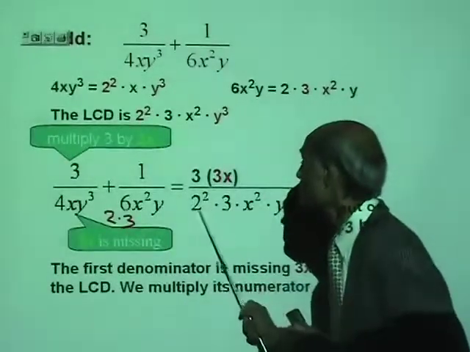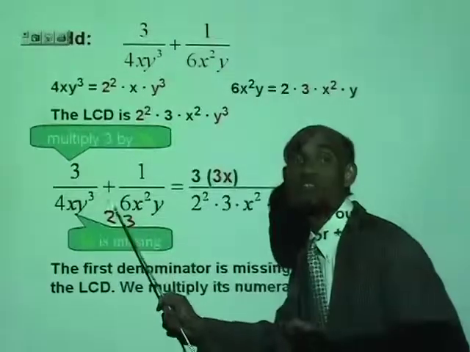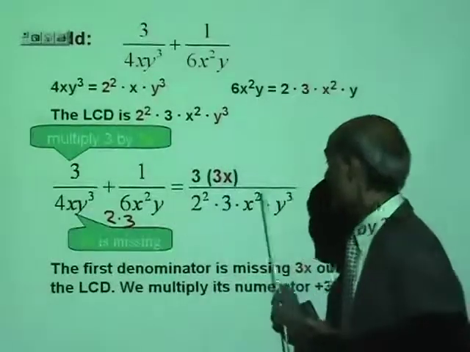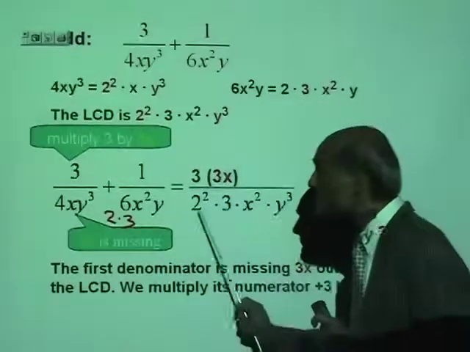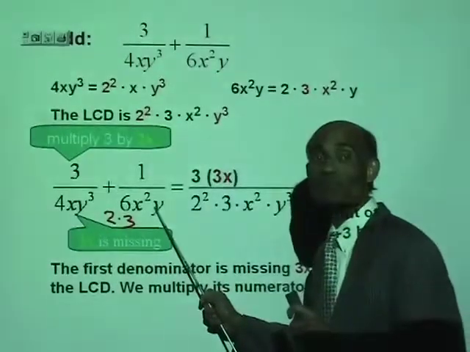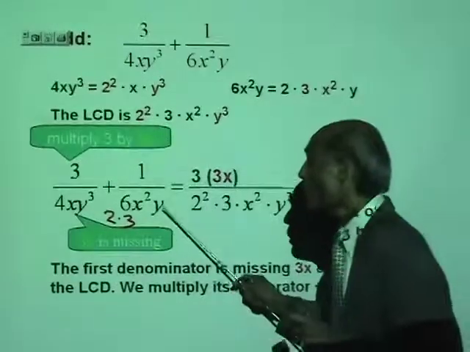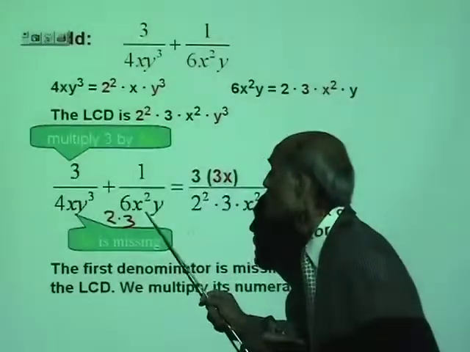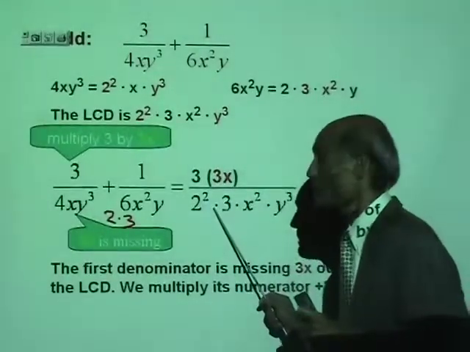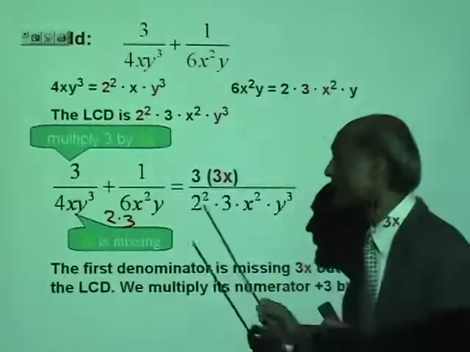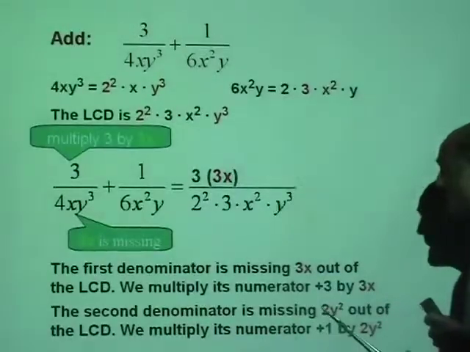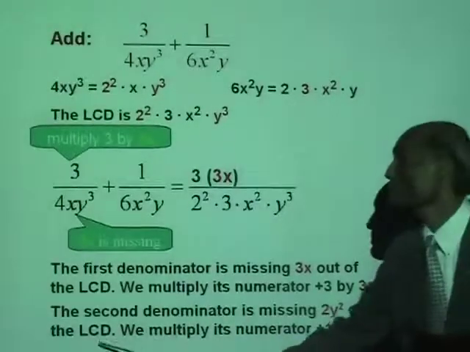So, out of this 2 squared times 3, there is a 2 missing here. x squared is there. Now, y cubed in the LCD and a y on that denominator. What is missing out of it? y squared. So, what is missing in this denominator out of the LCD? If you keep track of it, it will be a 2y squared. There you are. The second denominator is missing a 2y squared out of the LCD.